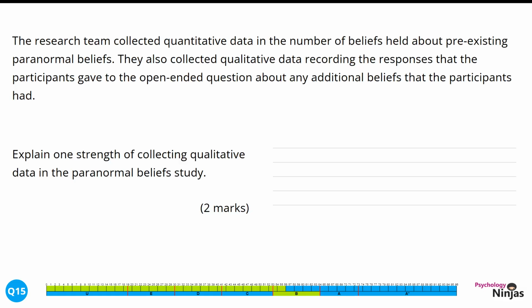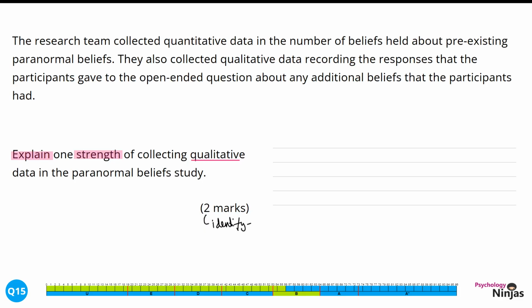2 marks. This question has the command word explain, which means we need to give detail and extension to our response. The focus of this question is a strength, and so all of our marks need to come from describing a strength. The assumed knowledge in this question is that we understand what qualitative data is. There are 2 marks in this question, and we get 1 mark for identifying a particular strength of qualitative data.